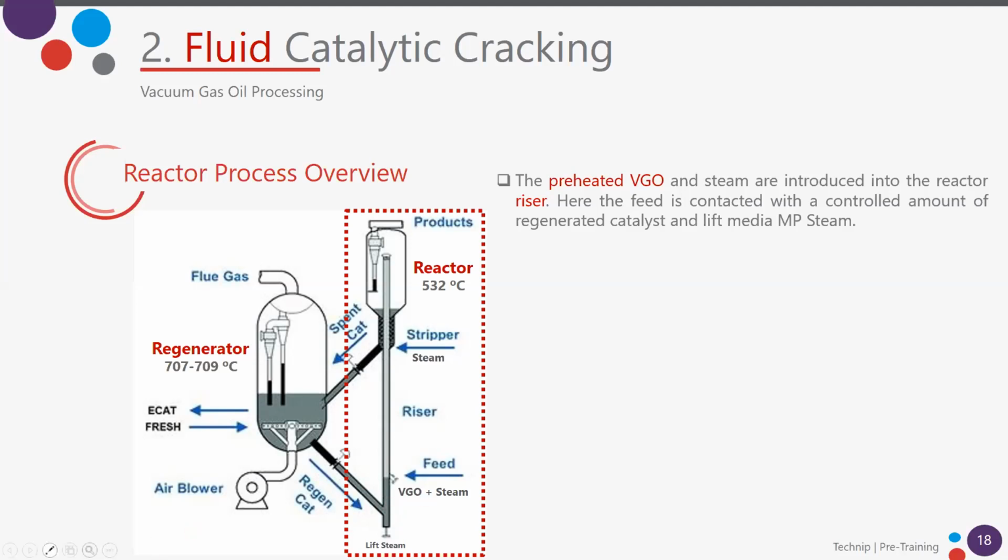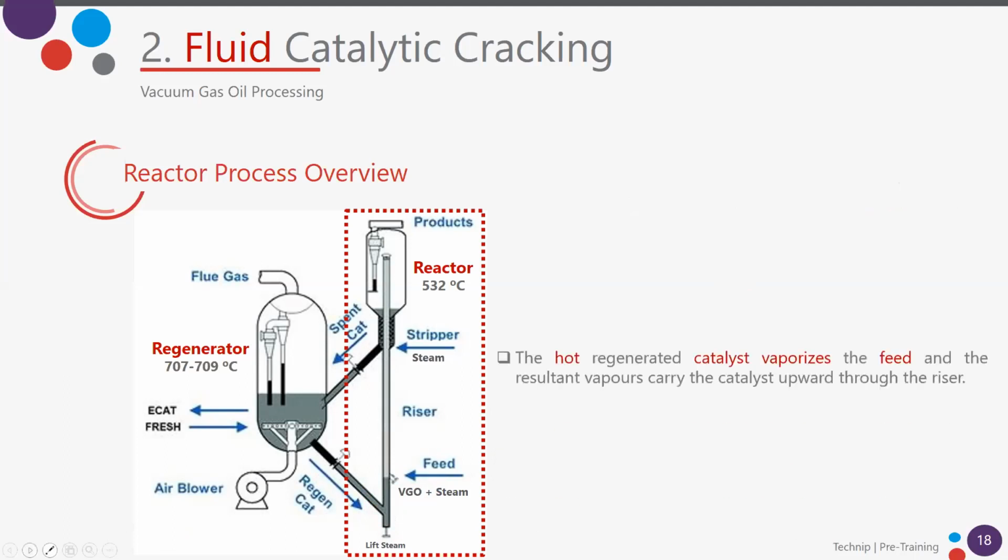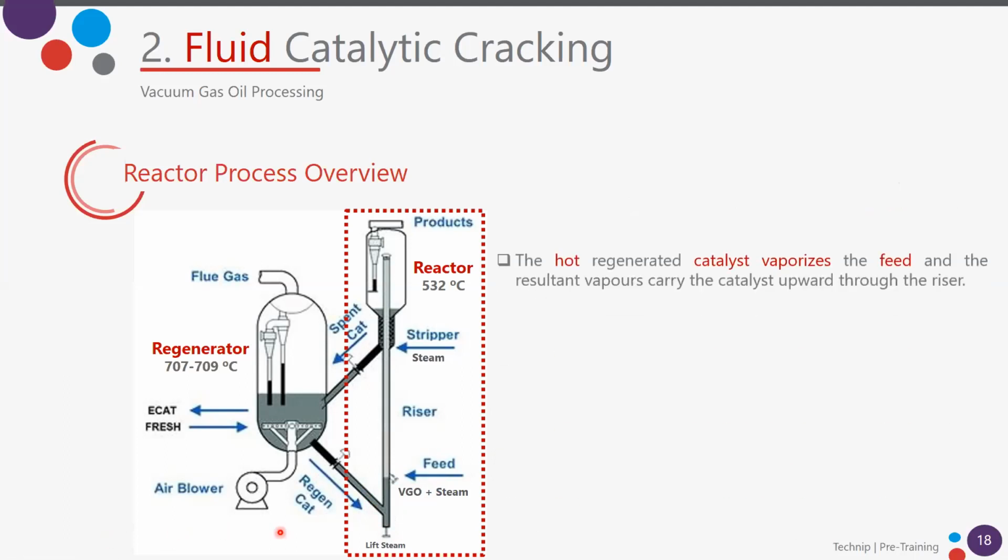Here, the feed will enter and contact regenerated catalyst and the lift steam. We have here the catalyst that is coming from the regenerator.